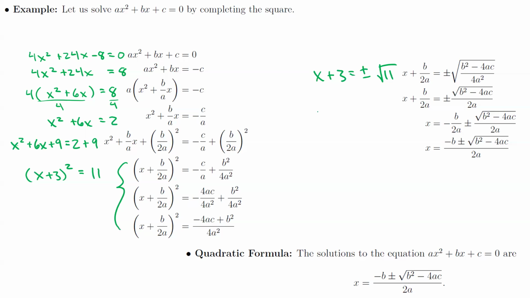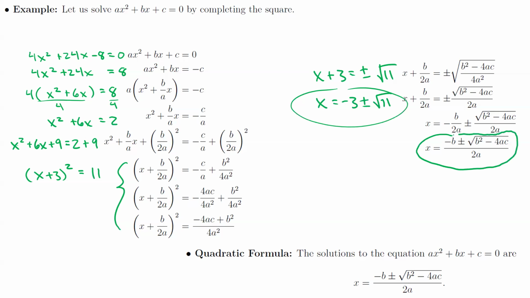And then we finish by moving the 3 over to the other side, so subtract 3, and so then there's my solution after I complete the square. Well, these last few lines are just them once again taking all these letters they've got floating around and making it look nicer. But as a result of completing the square with A, B, and C as the numbers, this is what they get.